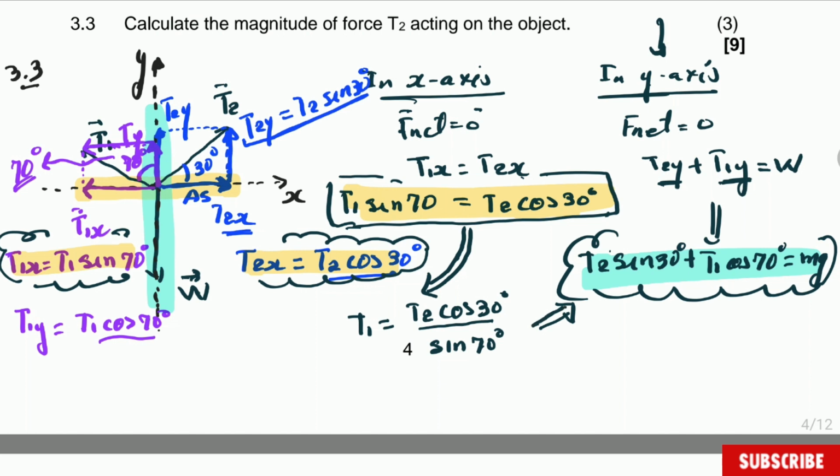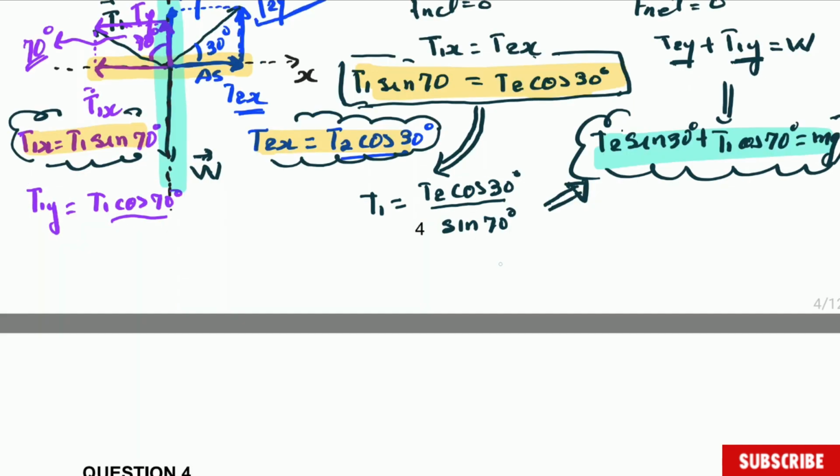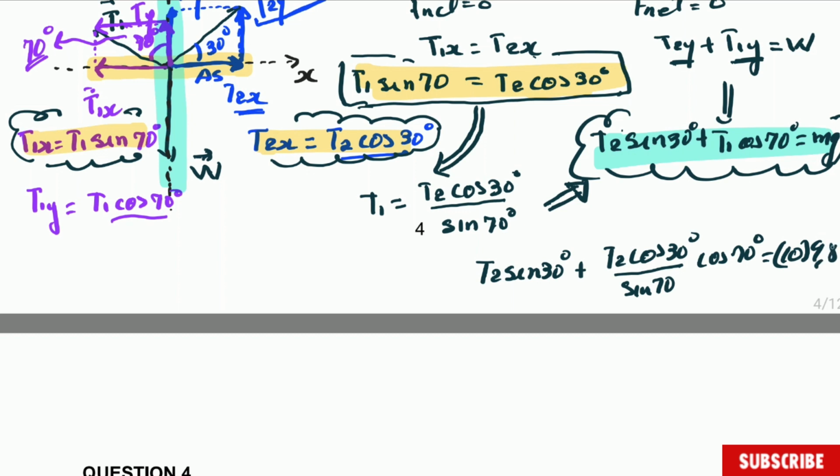I'm doing it quite slowly so you can understand why I'm doing it. So we write T2 sin 30 degrees plus T1, but T1 is T2 cosine of 30 degrees divided by sin 70 degrees, all multiplied by cosine of 70 degrees, equal to 10 multiplied by 9,8.